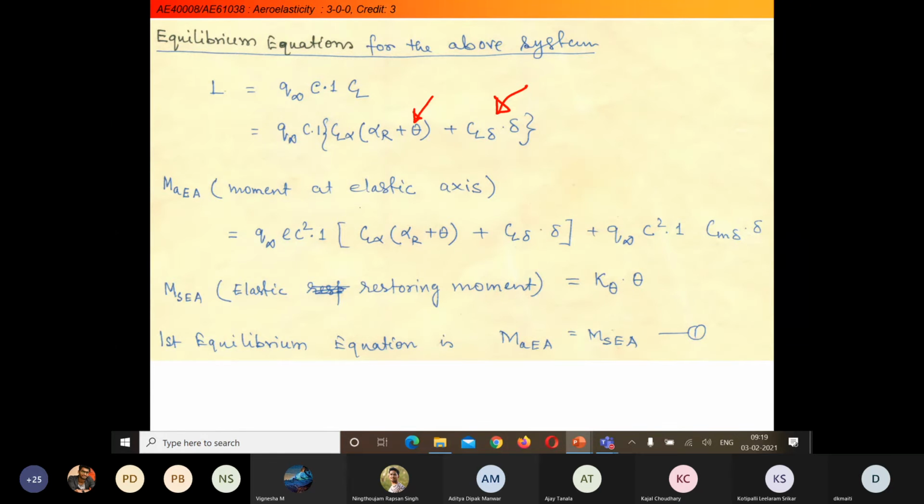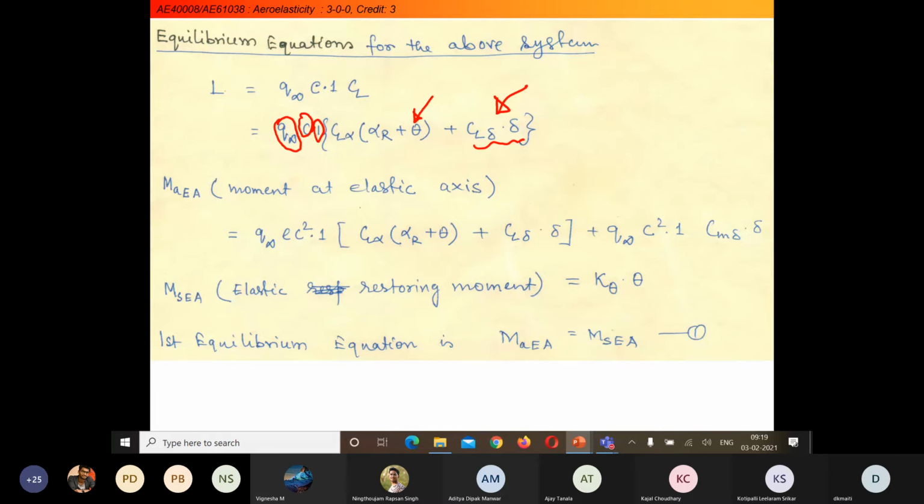So the lift force becomes Q infinity, the dynamic pressure, C into 1, the area, then CL alpha into alpha plus theta, and CL delta into delta. This is the lift force.